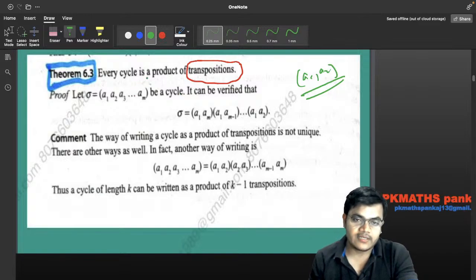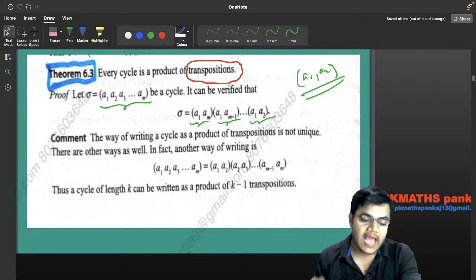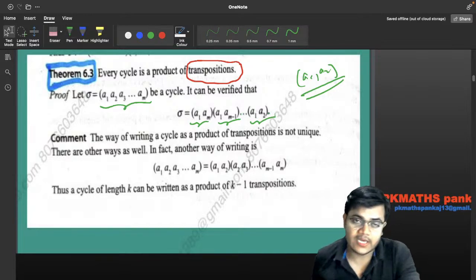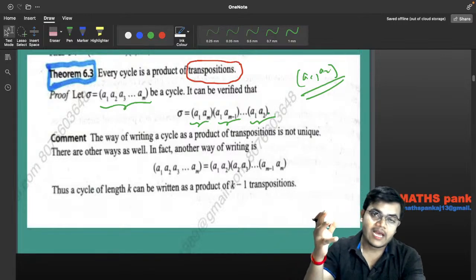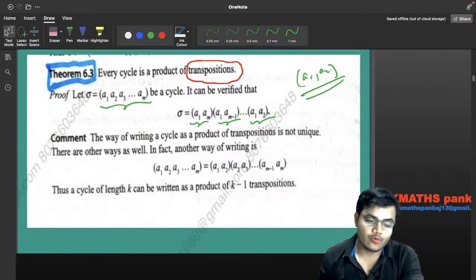So there is a theorem that every cycle is a product of transpositions. For example, if you have a cycle, then certainly you can write it as the product of transpositions. And it is very interesting to see that a single cycle can be written as the product of transpositions in multiple ways.